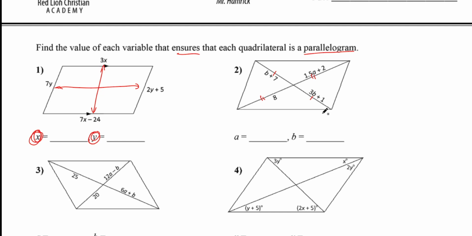If they are equal to each other, then the thing would be a parallelogram. So again, you just set them equal. Pretty simple. There's no substitution on this one, is there? You just solve for B here, solve for A here, plug it in, and you're good to go. I just ask for X and Y, and you're fine.